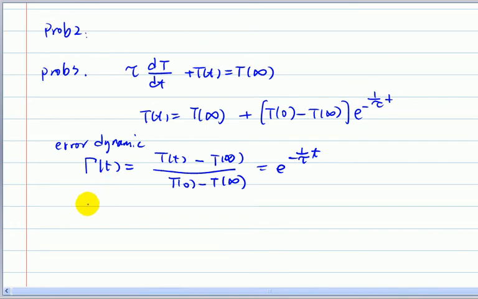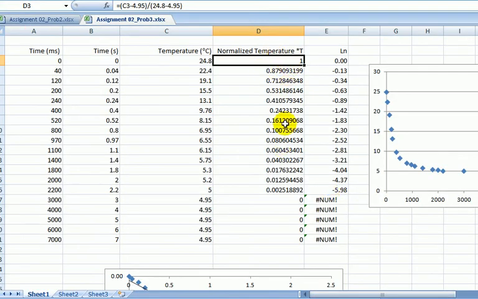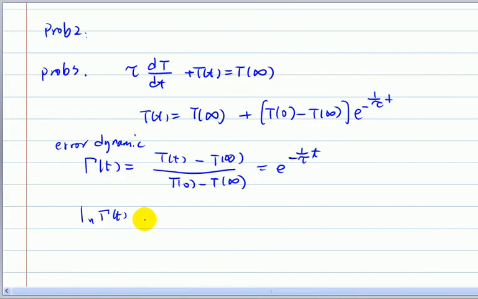If I take the log of this quantity, this gamma t is basically this column here. If I take the log of this, as you can see, the other side becomes this. So the plot between this and t is a straight line, and the slope is equal to negative 1 over tau.